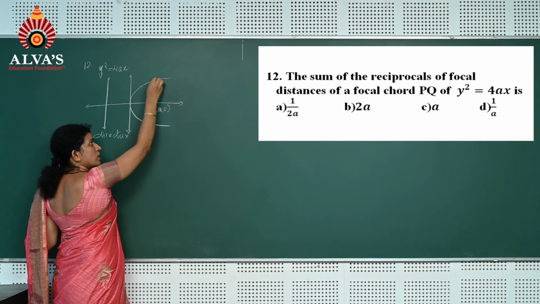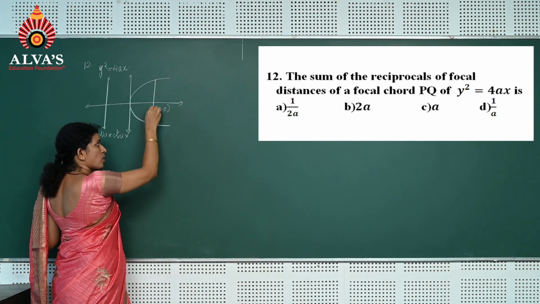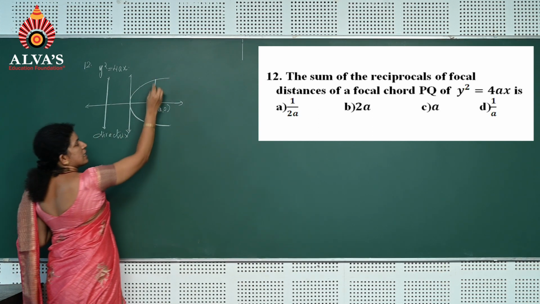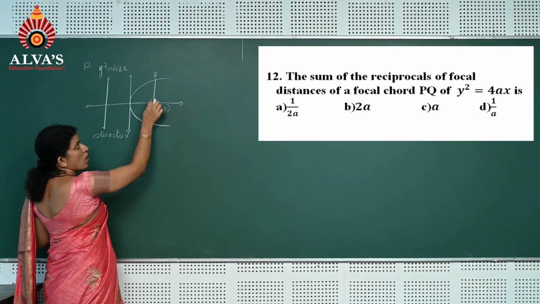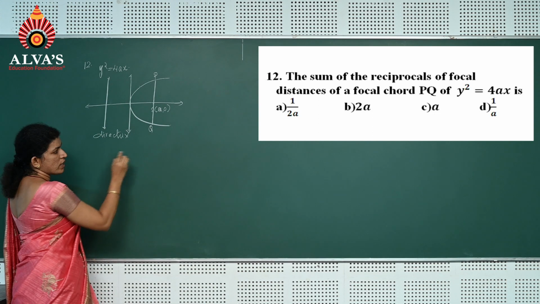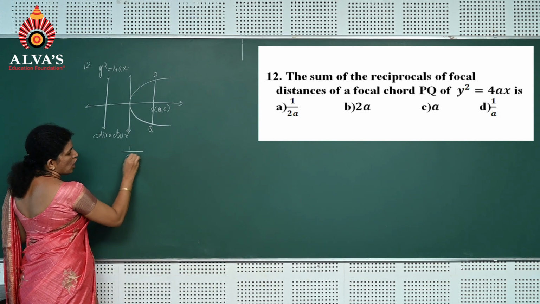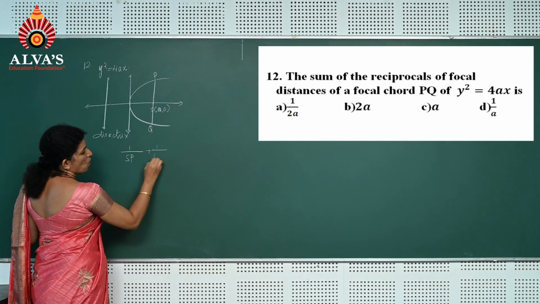So we want the sum of the reciprocals of the focal distances. Take PQ as the focal chord. The sum of the reciprocals of the focal distances means 1 by SP plus 1 by SQ.